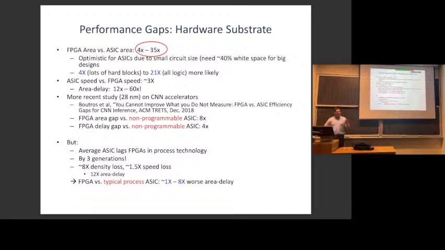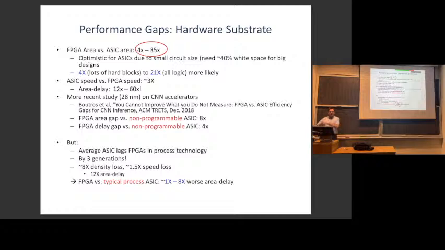It depends on the process details, but that would be a reasonable number. That's about a 12x area delay penalty. So if you start comparing the ASIC you would likely build if you're not in an enormous market versus the FPGA you could buy, it's more like you're around parity if you're going to use a lot of the FPGA hard blocks, and you are significantly worse if you're just going to use the programmable logic.